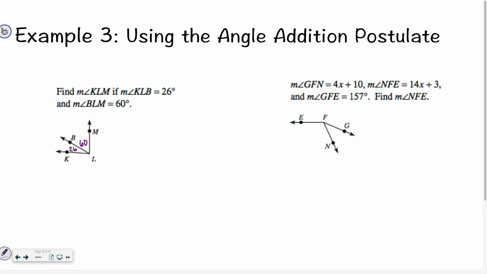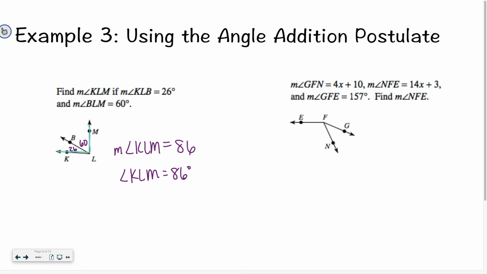So if I add those together to make the large angle, because I'm looking for KLM, I'm going to add those 2 smaller ones together, and I get 86 degrees. Okay, and I'm going to be a little more specific. I'm going to say the measure of angle KLM equals 86, or I can say angle KLM equals 86 degrees.